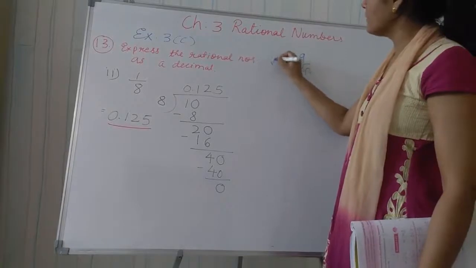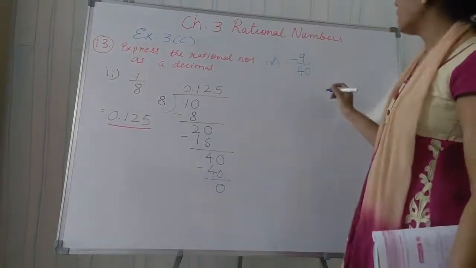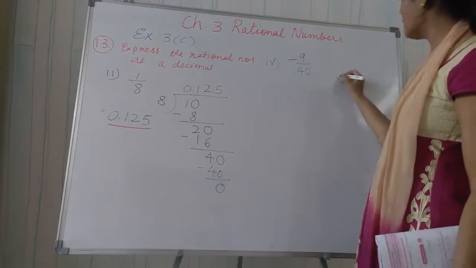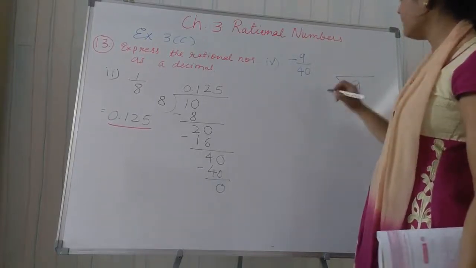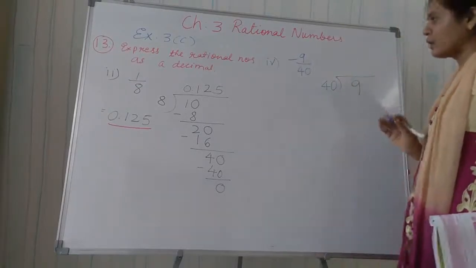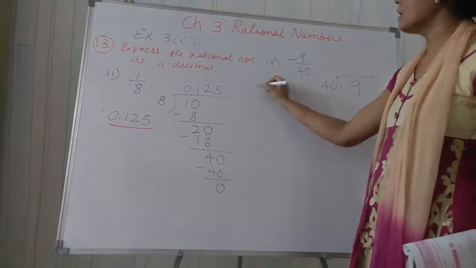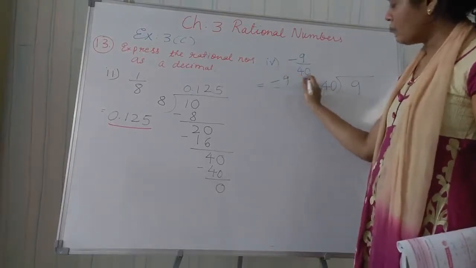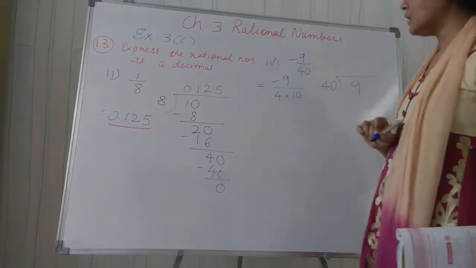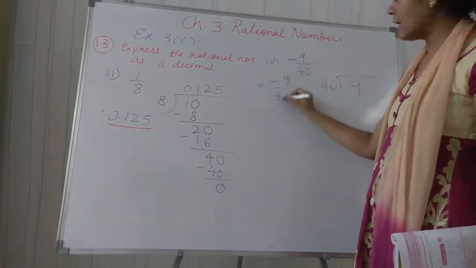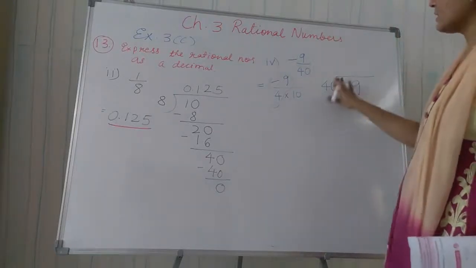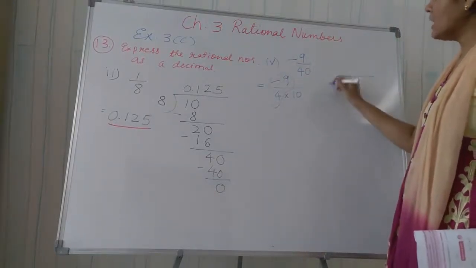So for that I will take, first of all, negative sign we do not take, 9 inside and 40 outside. Or you can do one more thing here. You see -9, ये 40 कैसे बनता है? 4 × 10 करके, है ना। तो पहले हम इसका आंसर निकालेंगे -9/4 का, और फिर ये 10 से डिवाइड कर सकते हैं. I think that will be very easier for you.